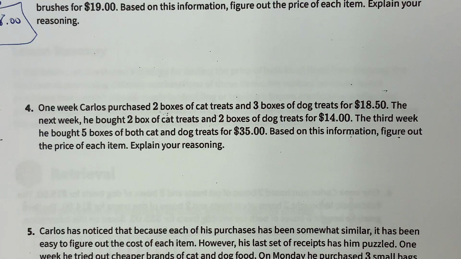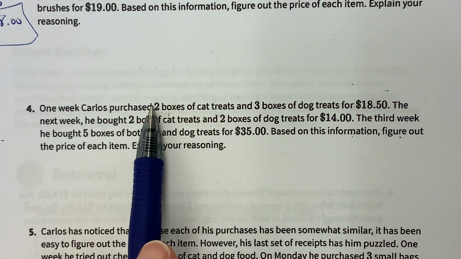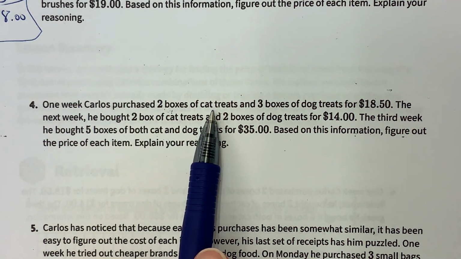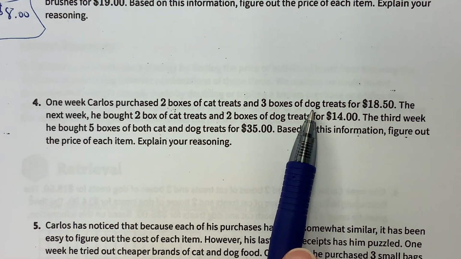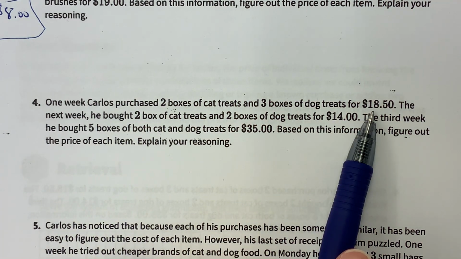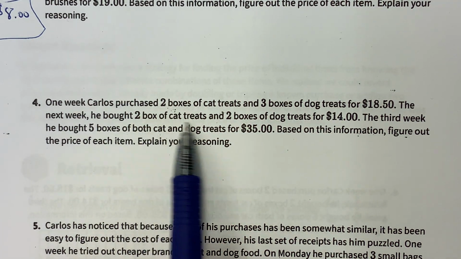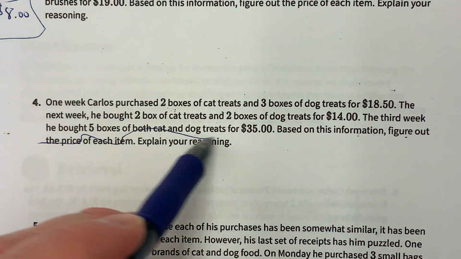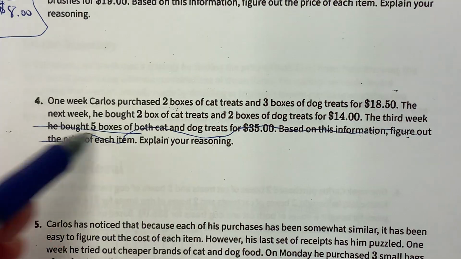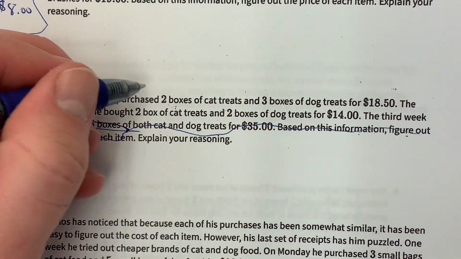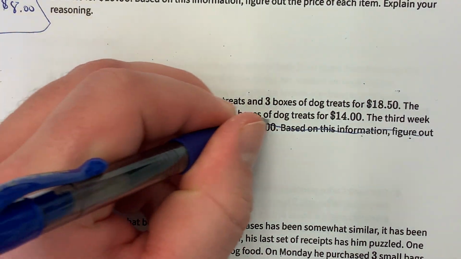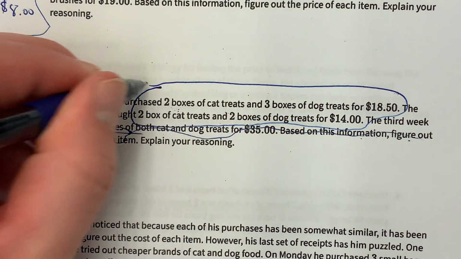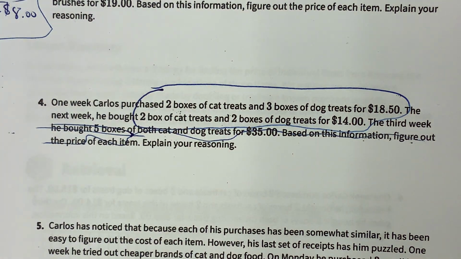So you can see 2 cat treats, 3 dog treats is 1850, and 2 cat, 2 dog is 14. I would just use those 2 and make your equations and try to solve. That's what I would do.